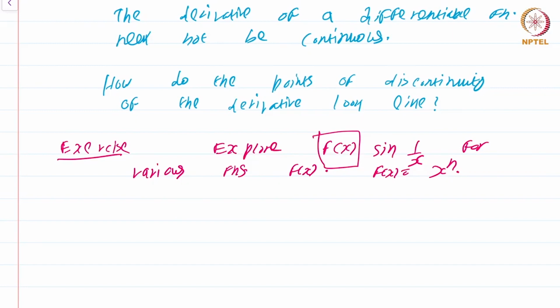Why is this important? If the derivative satisfies the intermediate value property, then it cannot have jump discontinuities. The derivative can only have such wild oscillatory discontinuities, and that's for a later day. This is a course on real analysis, and you have just watched the module on examples of differentiation.